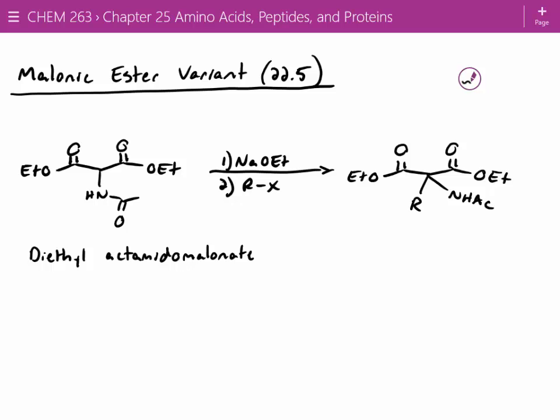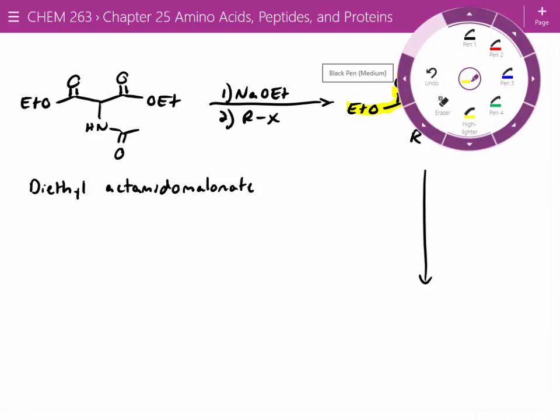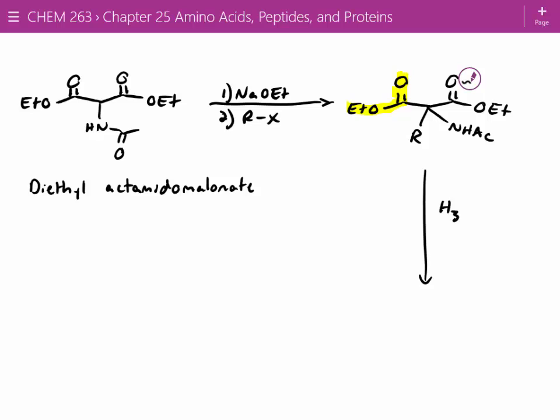Okay, so now we've done the alpha alkylation. What's the next step for the malonic ester synthesis? We want to get rid of one side, right? How can we get rid of this whole side? Like acid and heat. Yeah, decarboxylation with acid and heat.